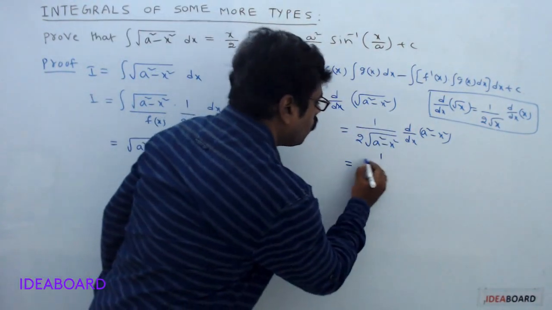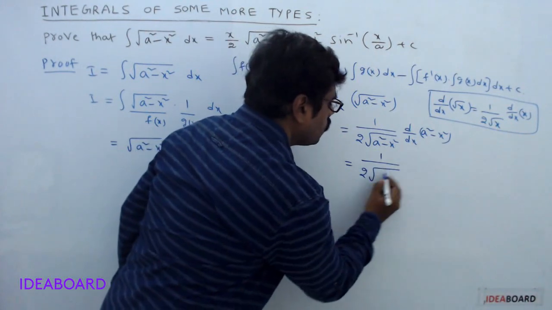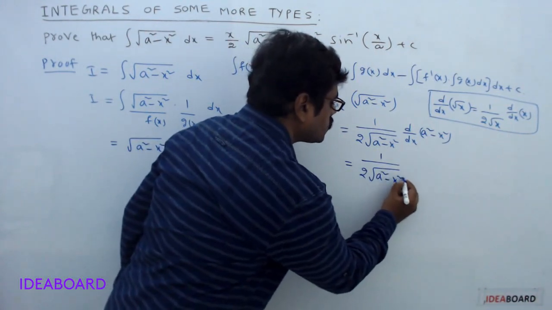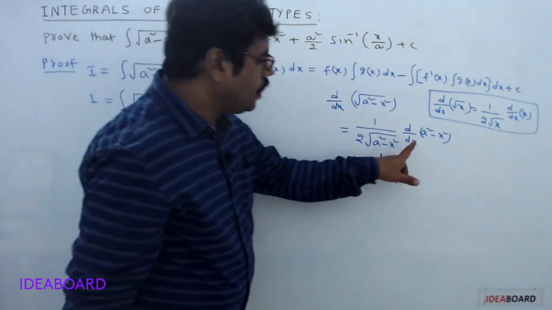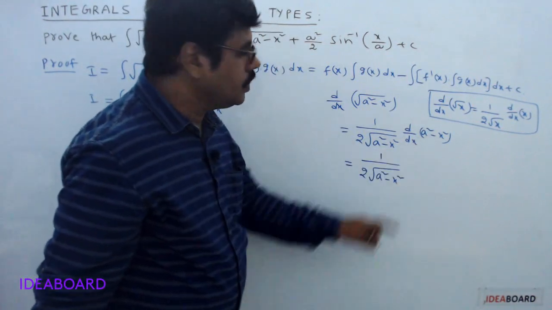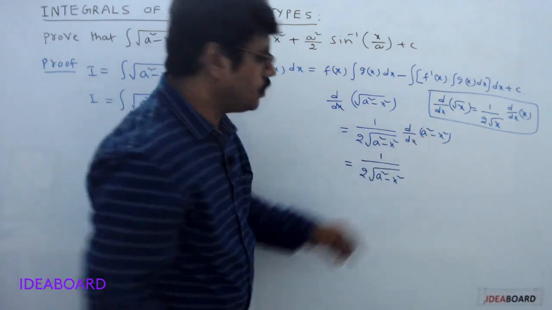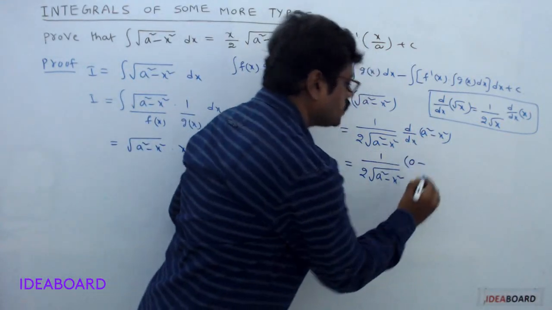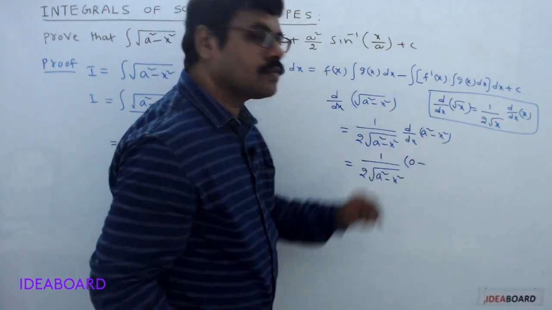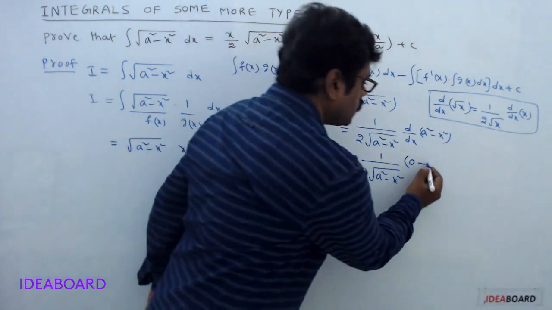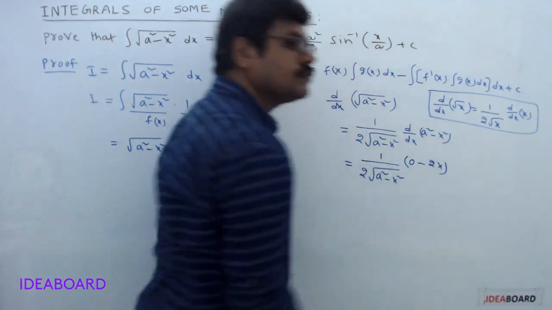Now this is 1 divided by 2 root of a square minus x square into the derivative of a square minus x square. a square is the constant term, its derivative is 0, minus the derivative of x square. The derivative of x square is 2x.